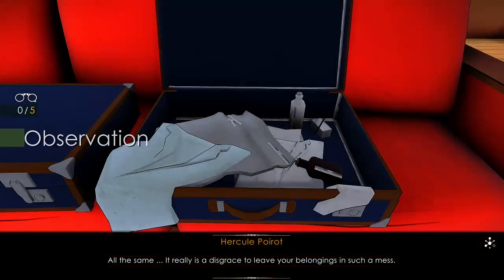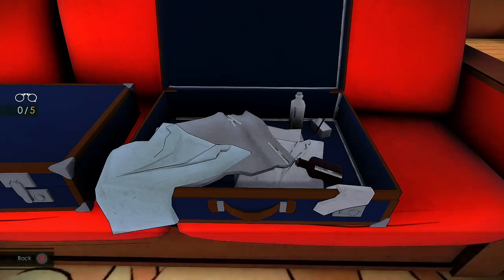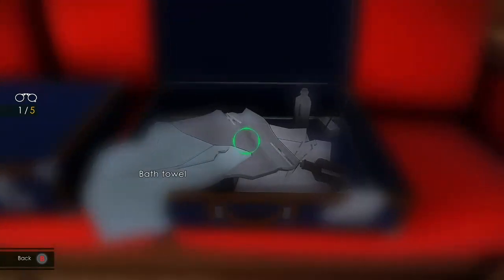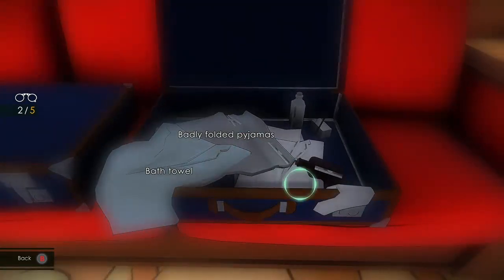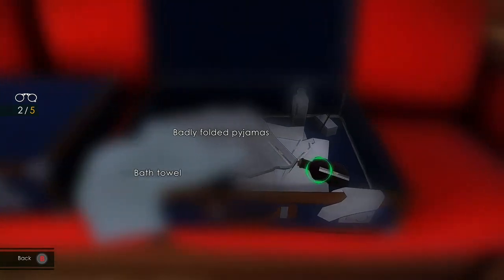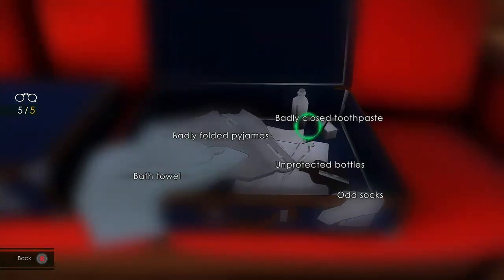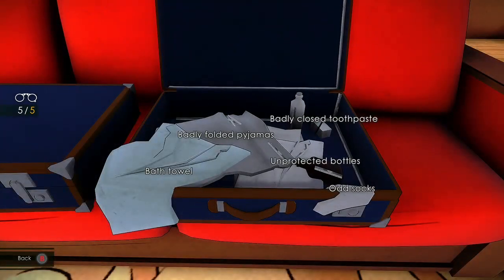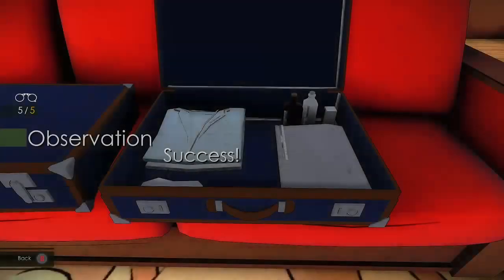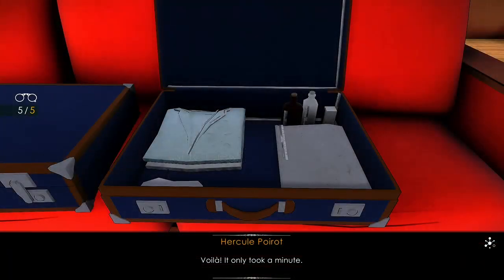All the same, it really is a disgrace to leave your belongings in such a mess. Voila, it only took a minute.